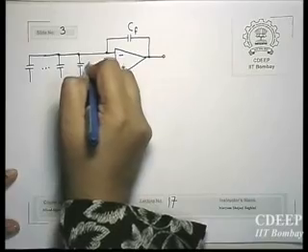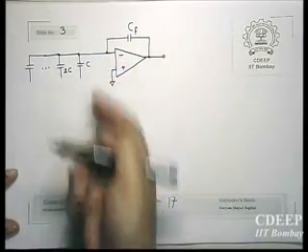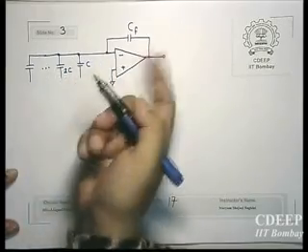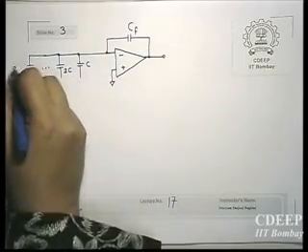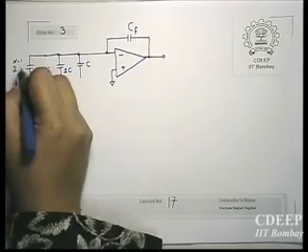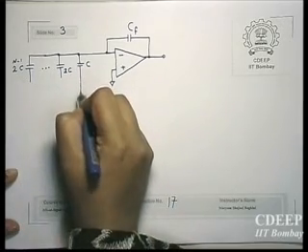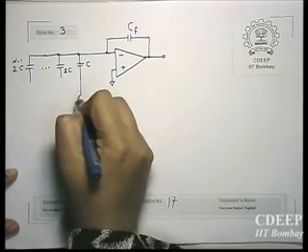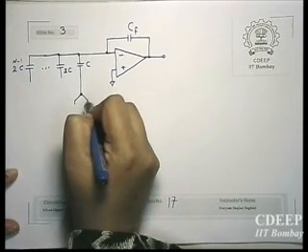And therefore here I will have only binary weighted capacitors. That additional C has now been shifted to the feedback path. And then finally 2 to the power n minus 1 C. And here you will have these switches which will be controlled by the input code.